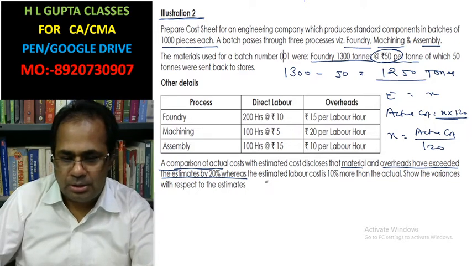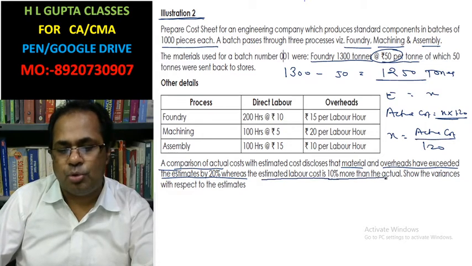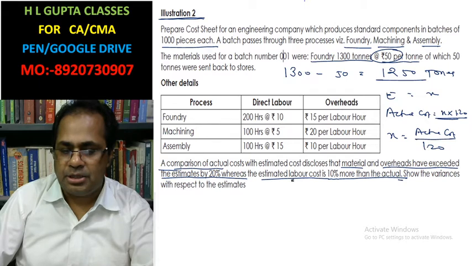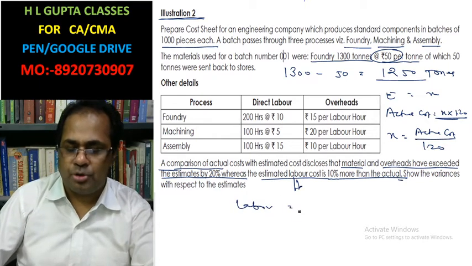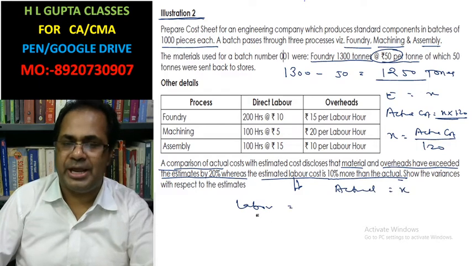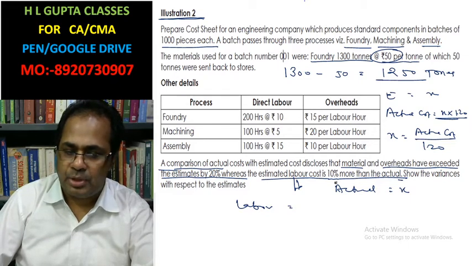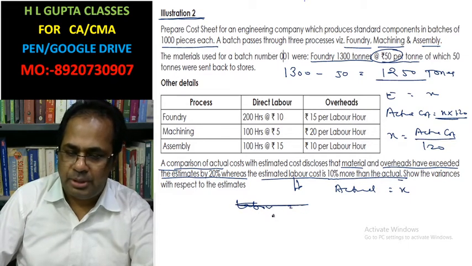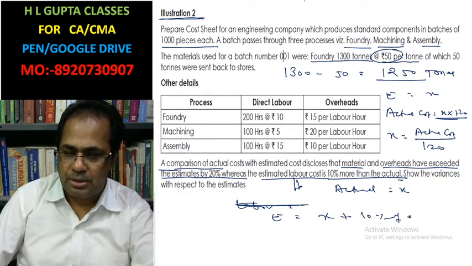Whereas the estimated labor cost is 10% more than the actual cost. In the case of labor, suppose the actual is x; the estimated labor cost is more, so the estimated cost will be x plus 10% of x.